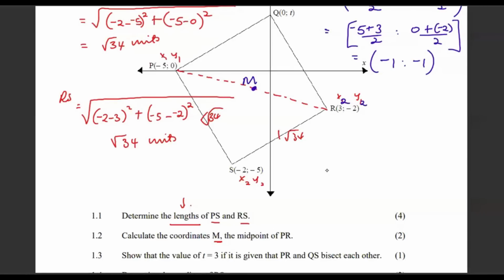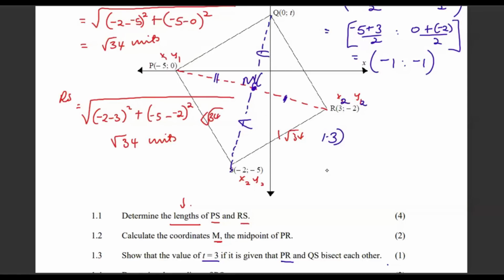Then can we show that the value of T is 3 if it's given that PR and QS bisect each other? In other words, if we have another diagonal just like that, and these diagonals are bisecting, meaning that M is the central midpoint for both diagonals.